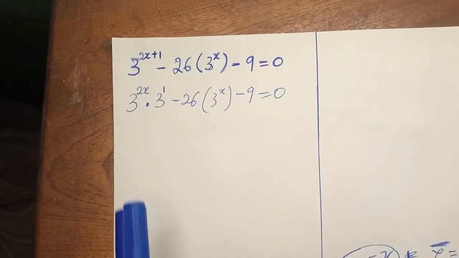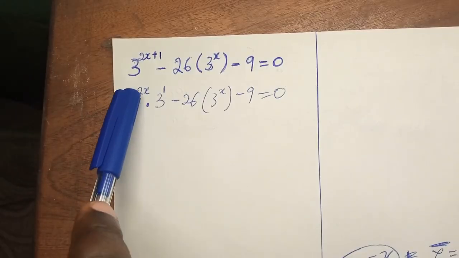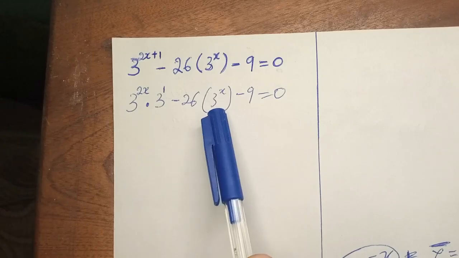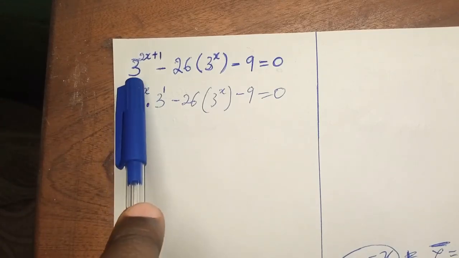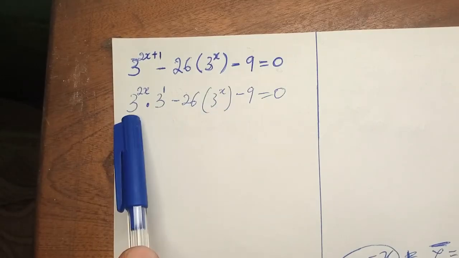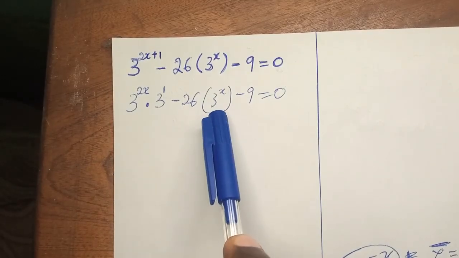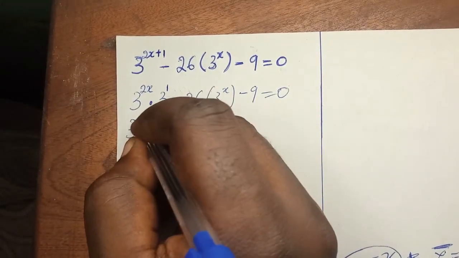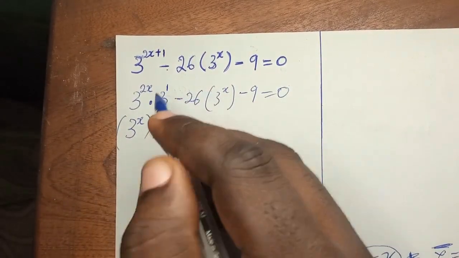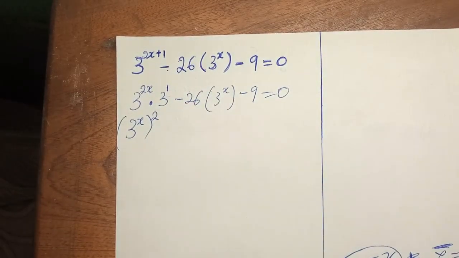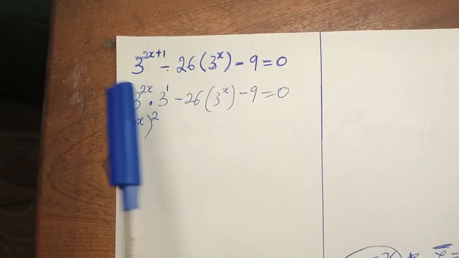Now, we have this that you can see here. Since this one is 3 to the power x, we need to make sure one of these is also in the same alignment with 3 to the x. So to force one of the sides to have 3 to the x as well, we rewrite this as 3 to the x, but the 2 is going to go out, because 2 times x still gives us this 2x.